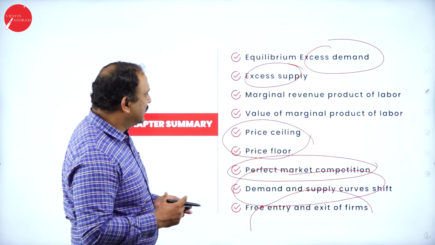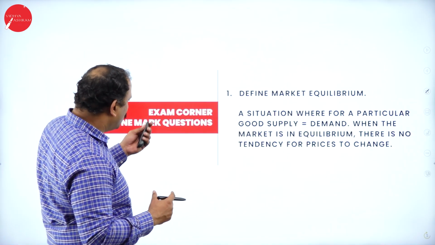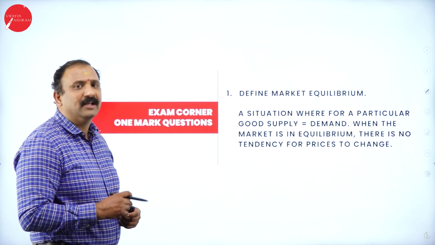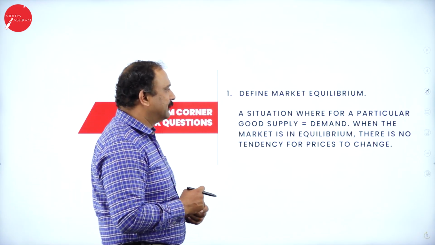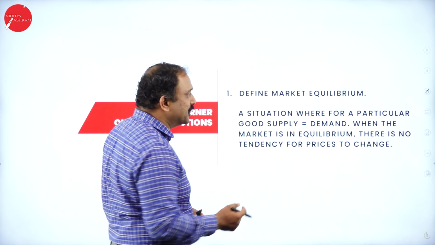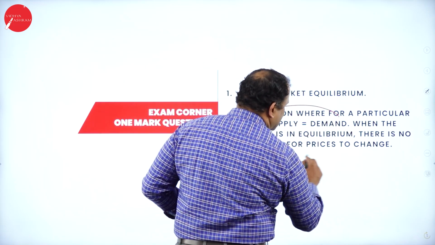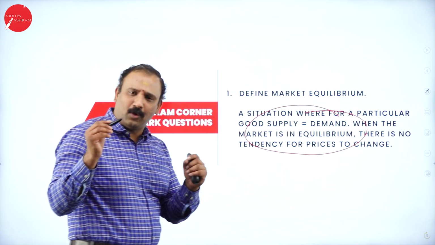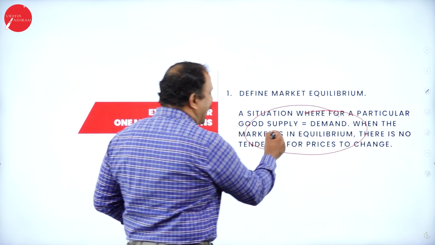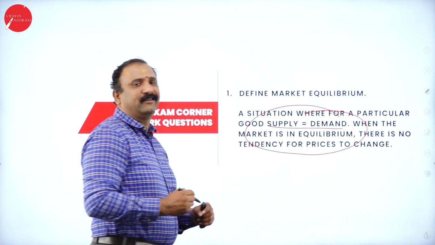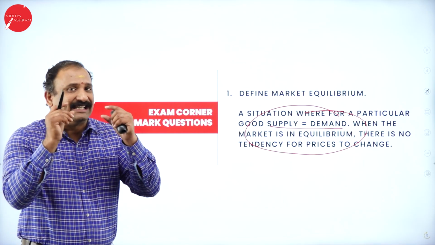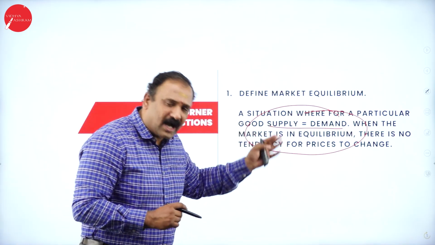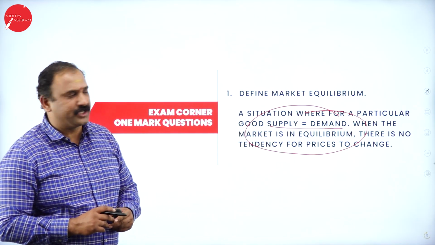Now, let's move on to the 1-mark questions, starting with: define market equilibrium. A situation where, for a particular good, supply is equal to demand. I want you to underline this idea very clearly: supply is equal to demand. That's what we are talking about in this situation. Why?